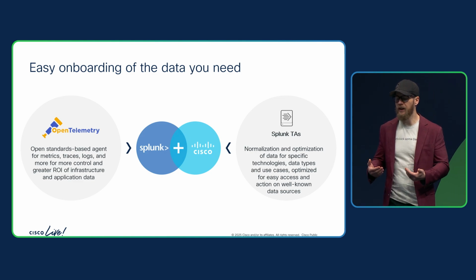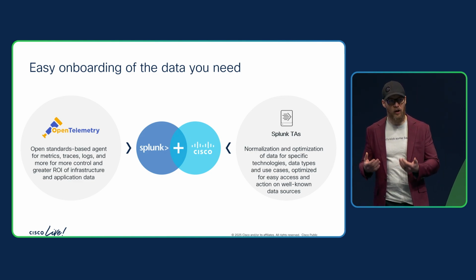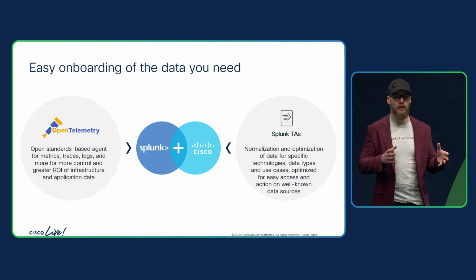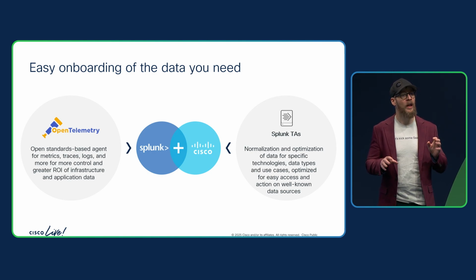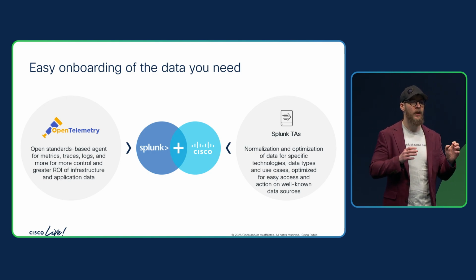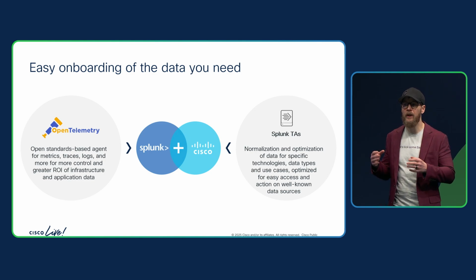And the advantage of this is these technical add-ons are often managed by those teams that are producing the technology. So as you'll see in a little bit, we have Meraki, we have Catalyst, we have ThousandEyes, and those teams are actually building their own technical add-ons for Splunk. And every time that they iterate their own product, they're going to be iterating their TA as well, which makes it easier for you to continue to collect the optimized data.